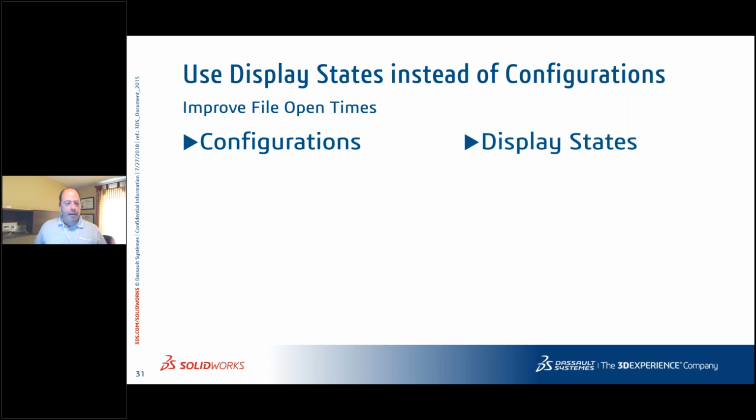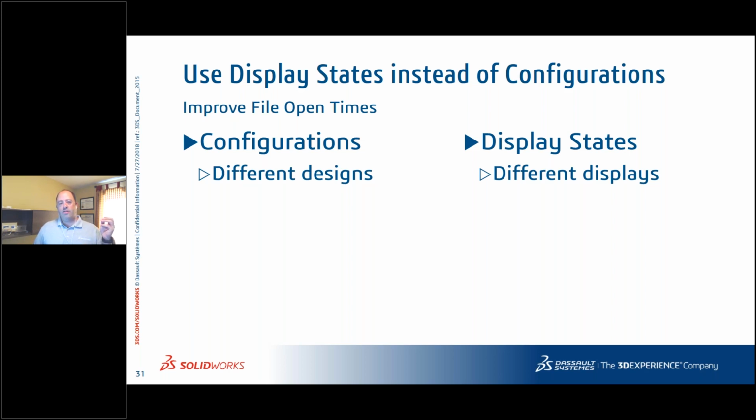First of all, we've got configurations, we've got display states. What makes one better than the other? So you want to use configurations to show a different design, right? This design is round, this design is square, a rectangle, a triangle, different designs. You want to use display states, as the name says, to show a different display.